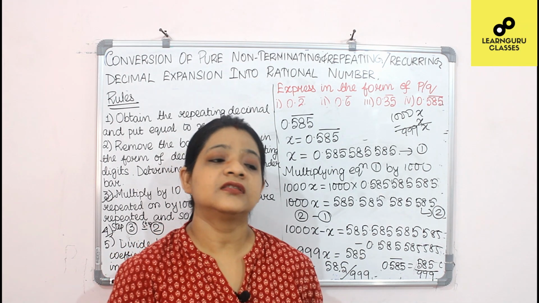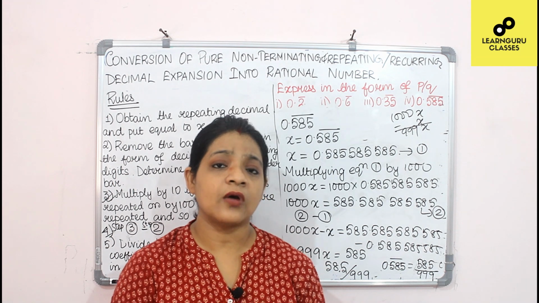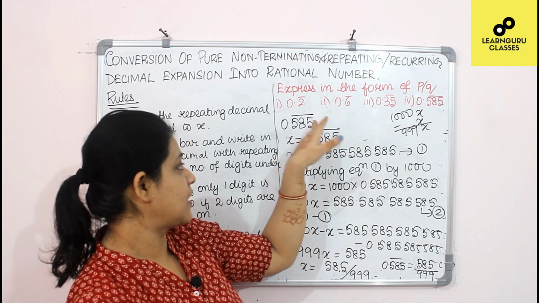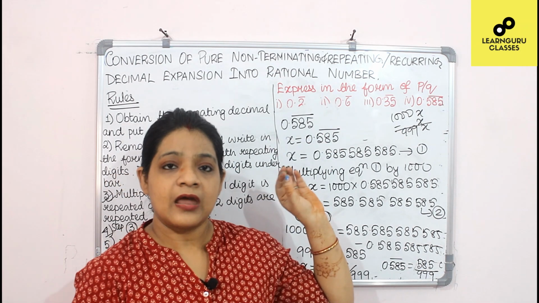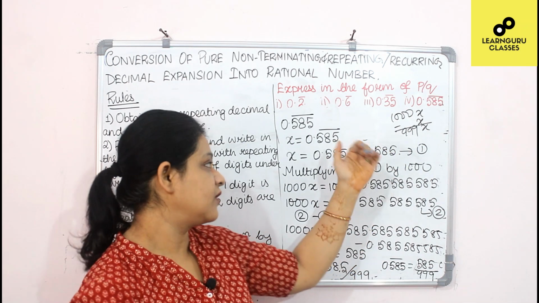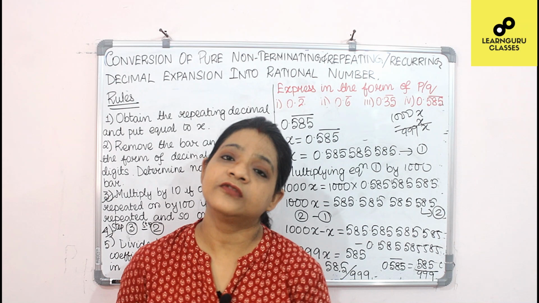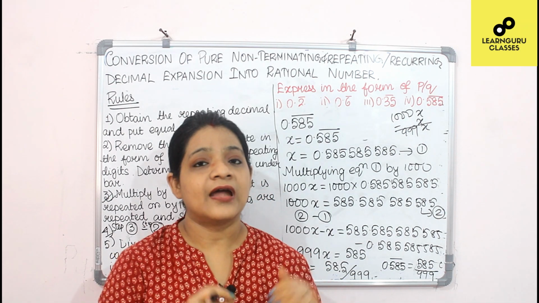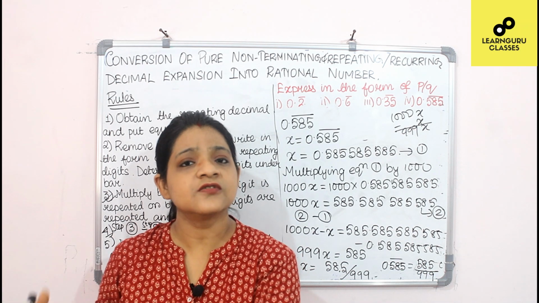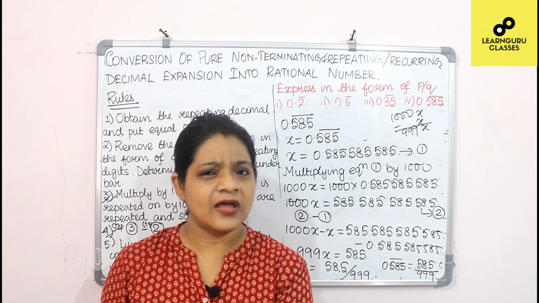Okay, so what are the steps involved in this? First, you have to write the decimal expansion and put x equal to 0.585, whatever the decimal expansion is. Second, you have to remove the bar and write the sequence of digits that are repeated, at least twice or thrice.